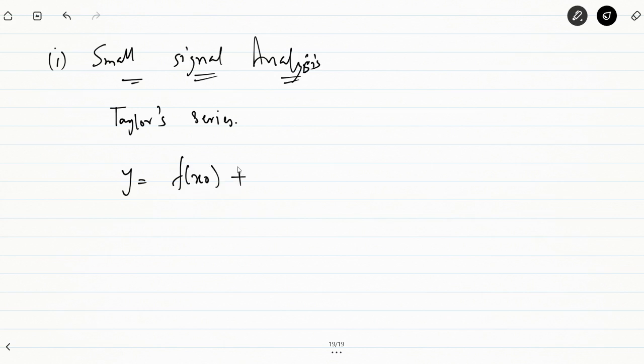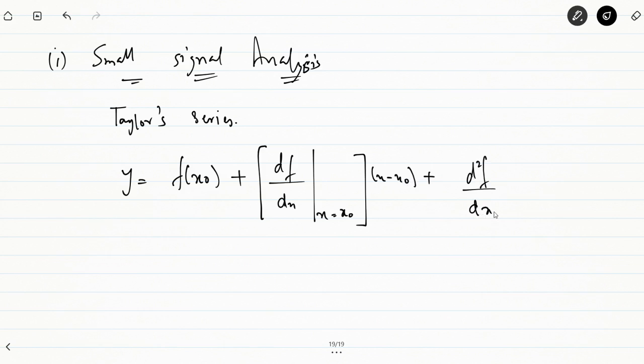If you remember, the Taylor series is somewhat like this. x equal to x naught, the initial condition, x minus x naught squared divided by 2 factorial, and so on.